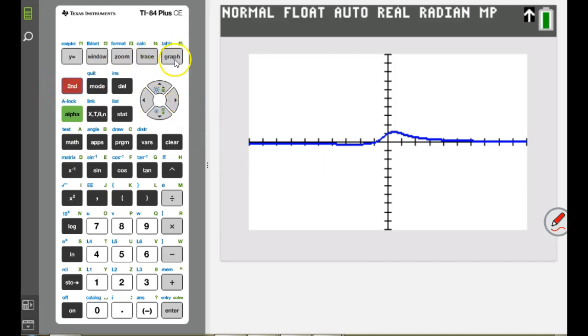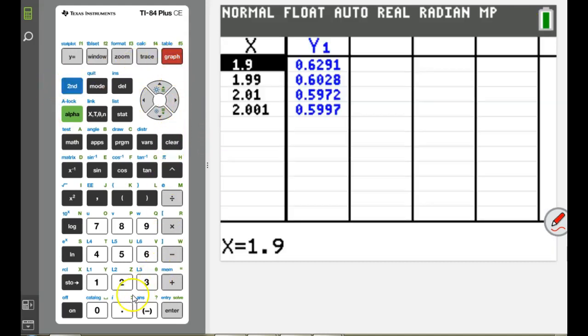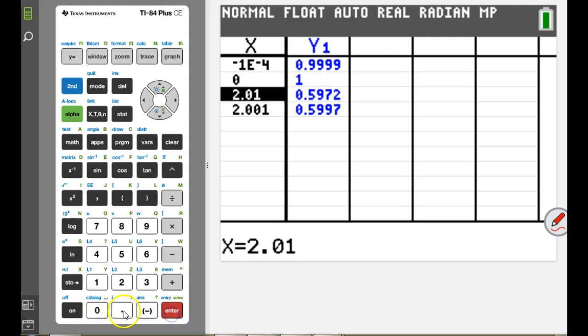What did we want to know at? 0? Is that right? So like negative 0.0001, 0, and positive 0.0001. Looks like it's staying at 1, right, at all those places? So we're good? Any questions about that?